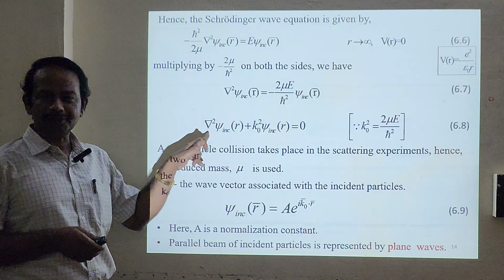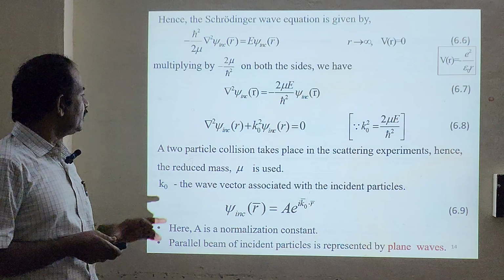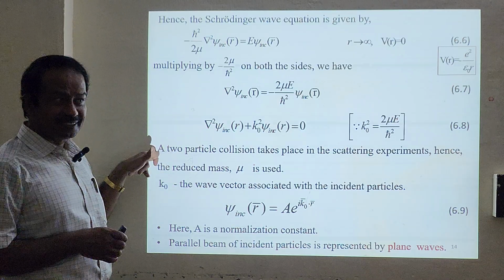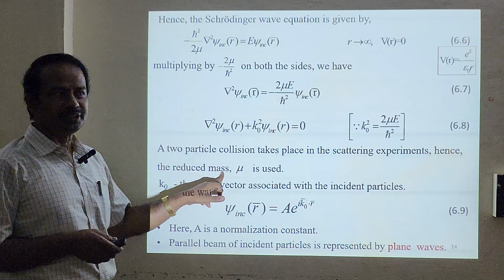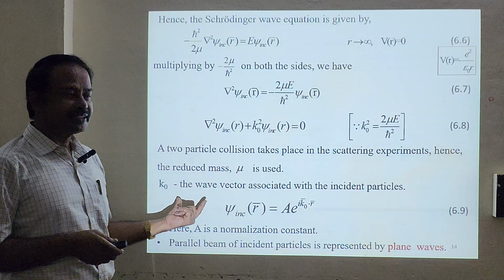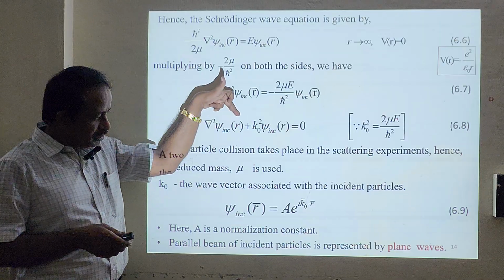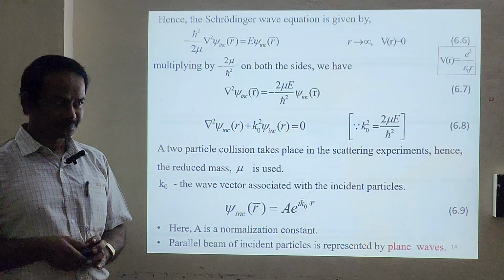The solution of this Helmholtz equation will be the Green's function. A two particle collision takes place, as I said earlier, so in scattering experiments a reduced mass mu is used instead of m. So k naught is the wave vector of the incident particle, and the solution of this will be A e power i k naught r.